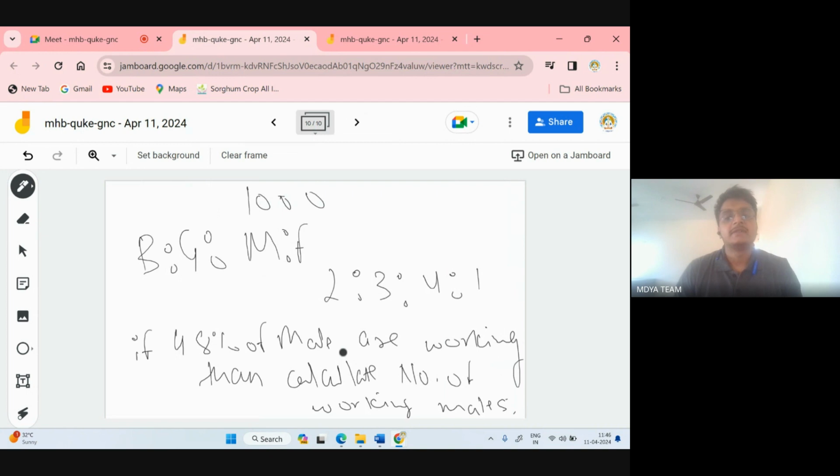You are given a village having a population of 1,000. The ratio of boys, girls, males, and females is 2:3:4:1. One other line is: if 48% of males are working, calculate the number of working males. So they just added one more line, and the question is now a little bit complex.